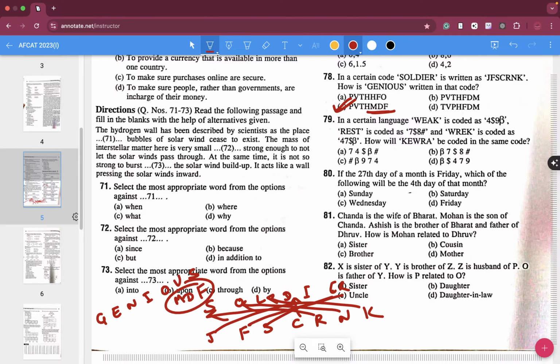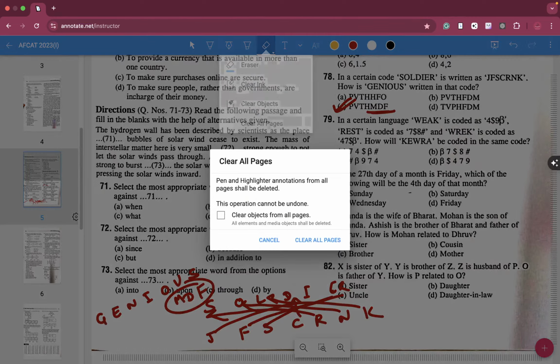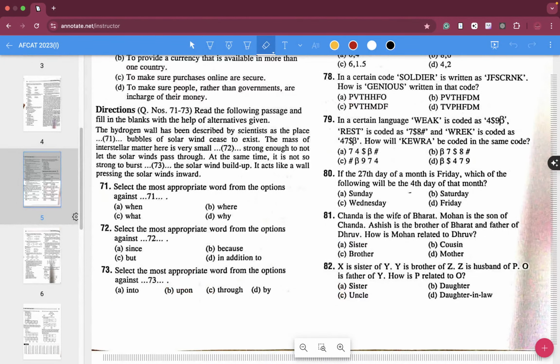Now we'll move to question number 79. Week is coded as this, rest is coded as this, rec is coded as this. So KEWRA is coded as what?